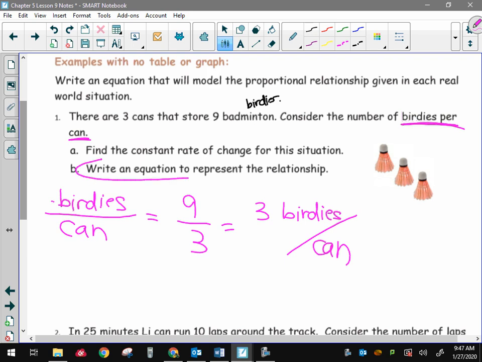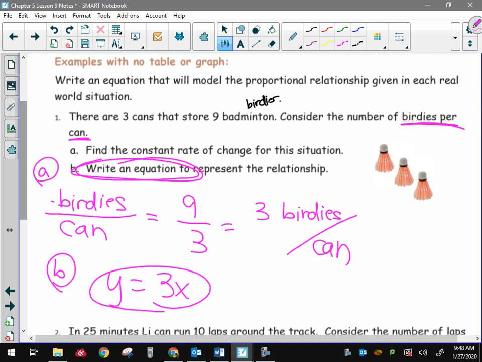Question says, write an equation. This is part B. What's my equation? Y equals 3x. That means 3 times however many cans there are. Great.